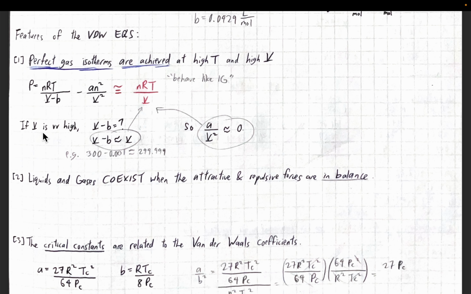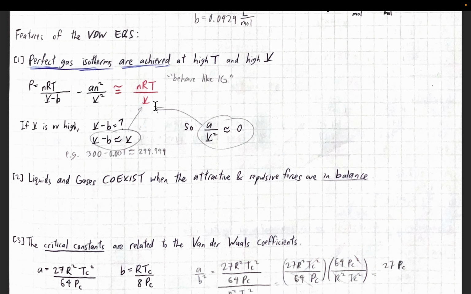If the molar volume is really high, then the molar volume minus B essentially just becomes molar volume. So for example, 300 minus 0.001, so we have 299.999. And the A over molar volume squared, that essentially becomes 0 because of how big the molar volume is, no? And it's in the denominator. It makes the fraction almost equal to 0.